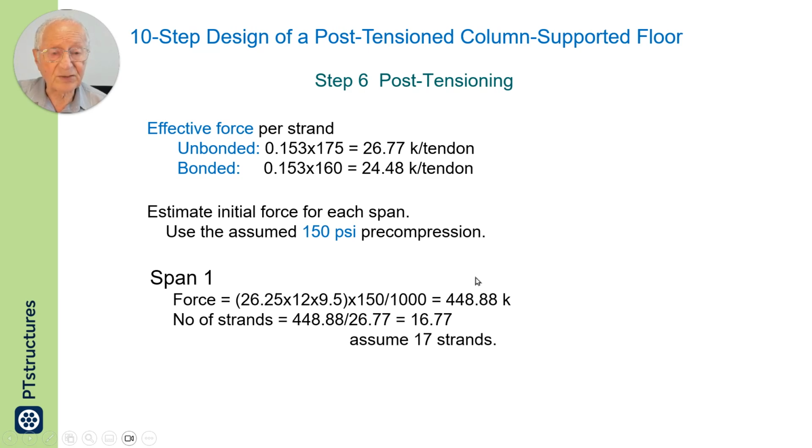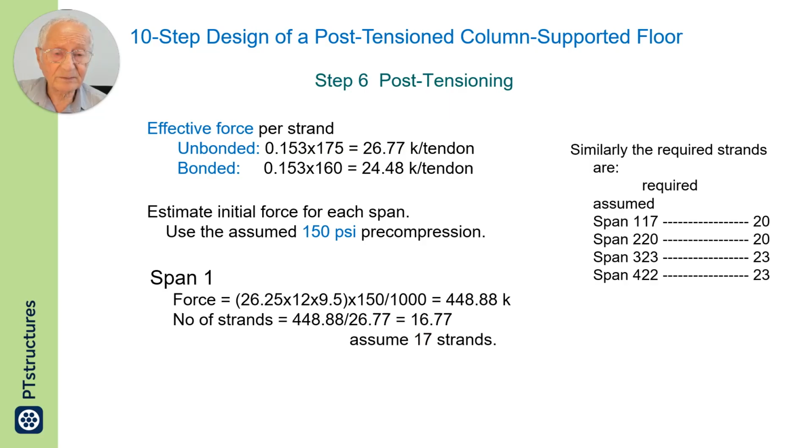I need so much force for span number 1, and each tendon gives me 26.77, so I need 16.77 strands for span number 1. I assume 17 strands for span number 1.